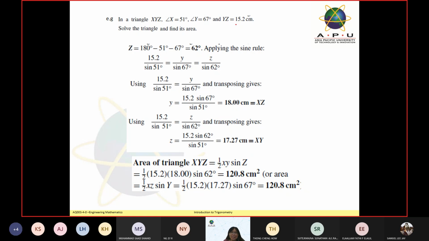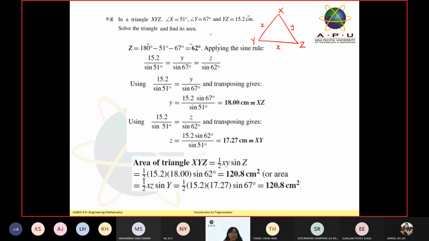Based on the information, let's draw the triangle. It would be easier for us to understand if we draw it out. So let's label the three vertices X, Y, Z. The opposite of X is the side x, the opposite of Z is the side z, and the opposite of Y will be y.